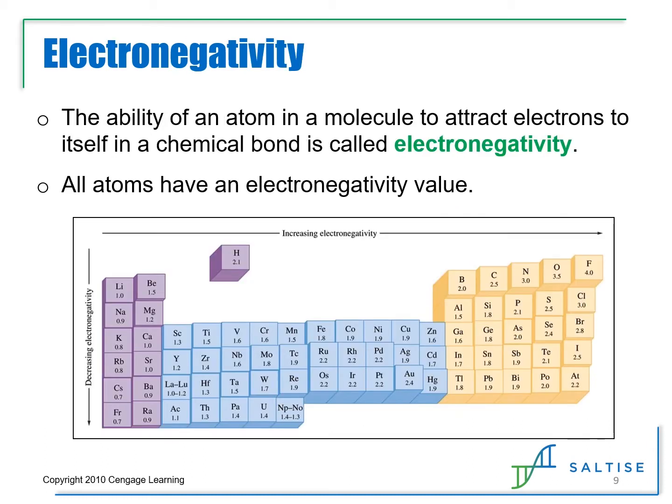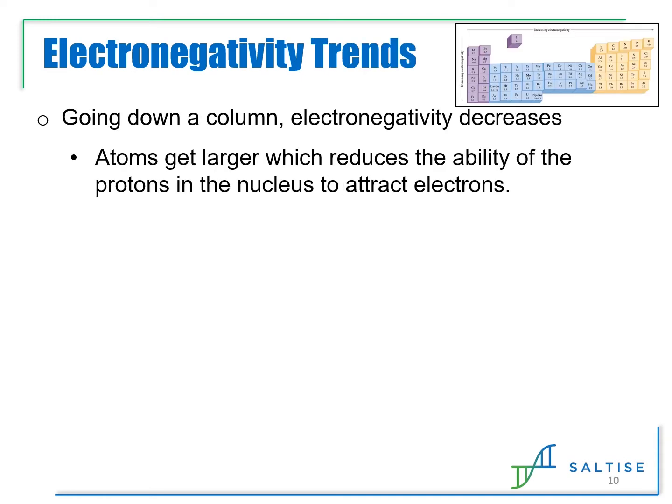The ability of an atom in a molecule to attract electrons to itself in a chemical bond is called electronegativity. It is a characteristic of all elements, and there are values associated to it. The higher the value, the stronger the attraction the element would have for electrons. The general trend is that electronegativity decreases going down the column.